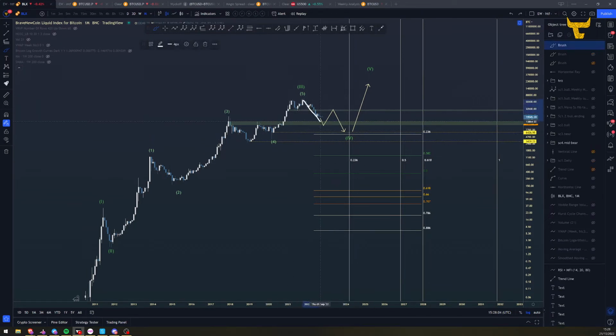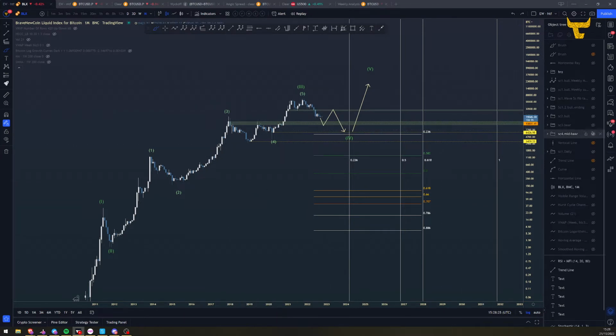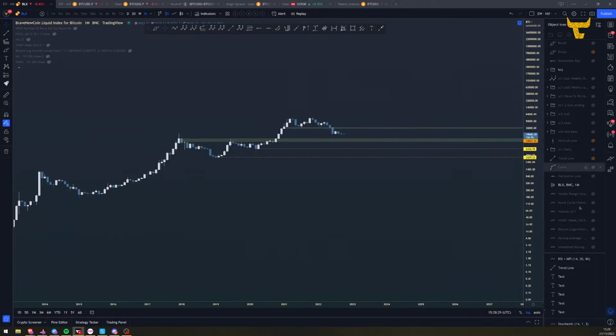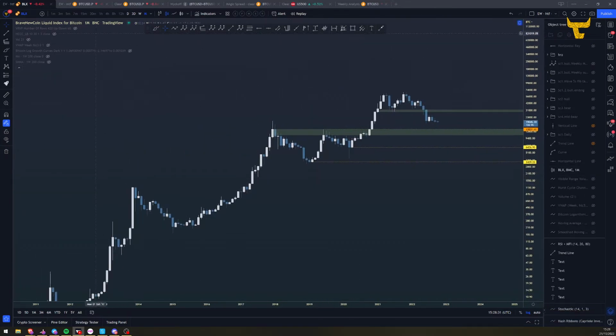And here maybe finishing 5 waves, bouncing, just a projection, not necessarily the right one. But meaning, yeah, we could come back into the area of the lesser-degree wave 4, which is where a wave 4 is supposed to finish. Yeah, that's it.